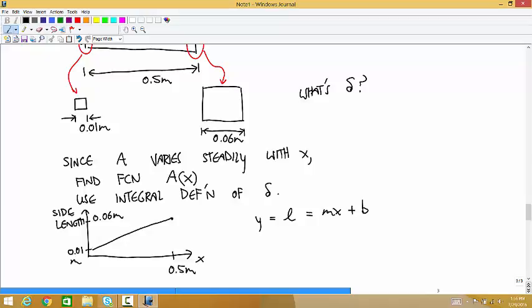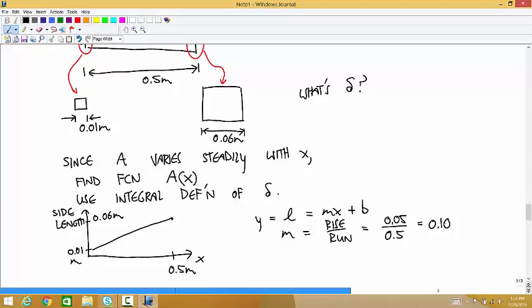Rise over run. So m is rise over run. The rise is 0.05 over a run of 0.5. So that's 0.1. So m is equal to rise over run, which is 0.05 divided by 0.5, which is 0.1.